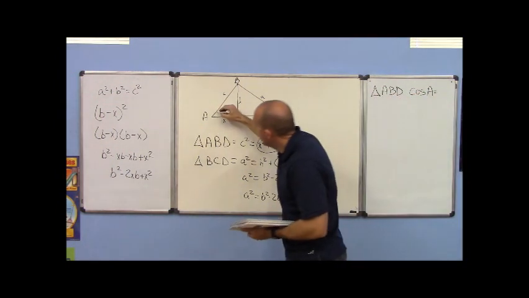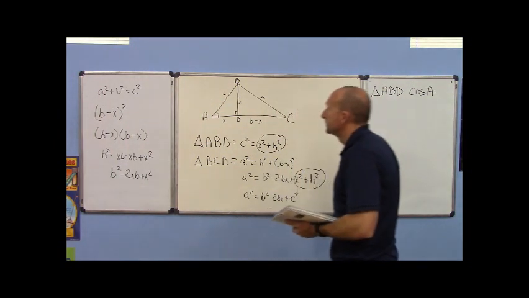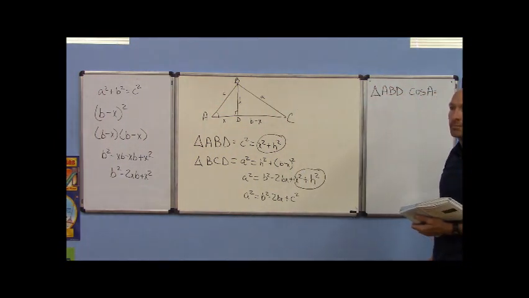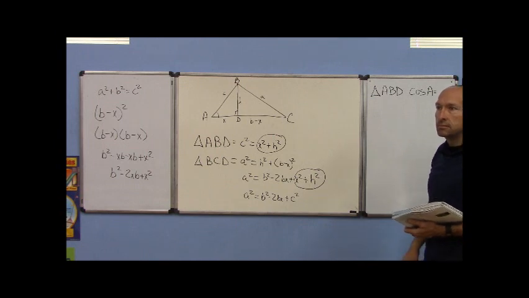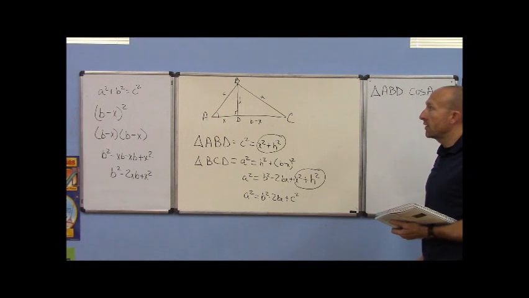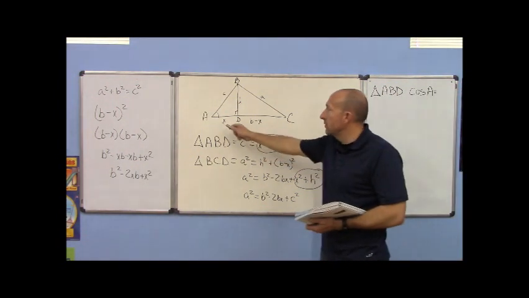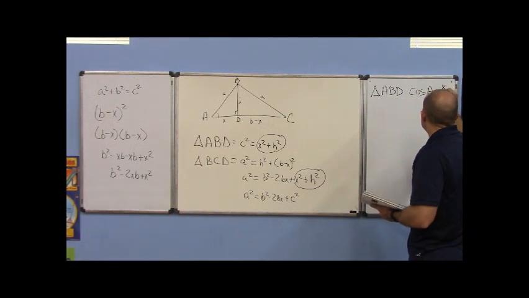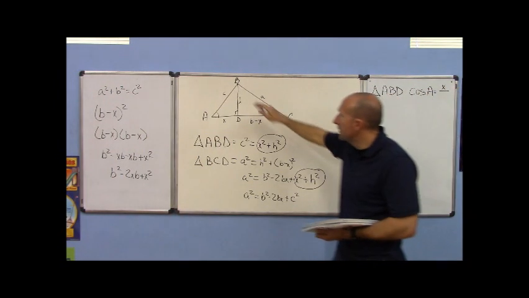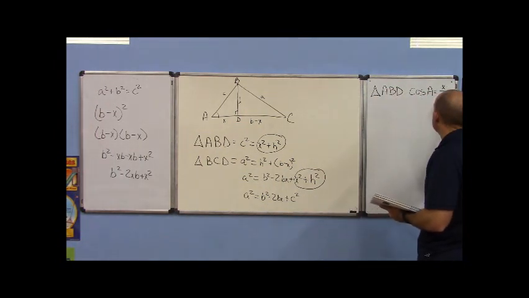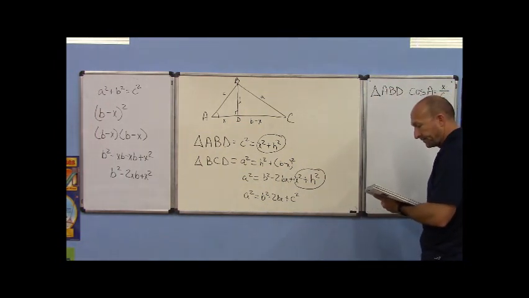What is the cosine of angle A? Do you remember what cosine is? Cosine in general is adjacent over hypotenuse. So what is the adjacent side to A? X. And what is the hypotenuse in this triangle here? C. So cosine of A is going to be x over c.